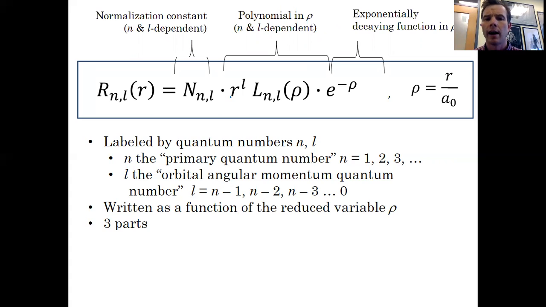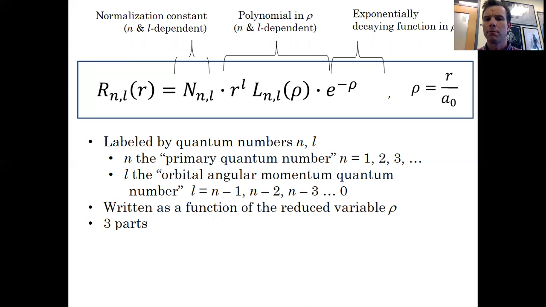The second are these terms here, r times L of rho. And again, this means L as a function of the variable rho, not L times rho. These are some polynomial in the variable rho. Last but not least, I get an exponentially decaying function.